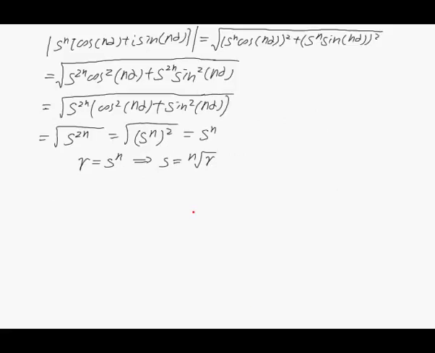So by comparing the real parts of both sides, we have r times cosine theta equal to s to the n times cosine n alpha. And we know s to the n is equal to r, so we can cancel these two r's from both sides. This just implies you have cosine theta equal to cosine of n alpha.